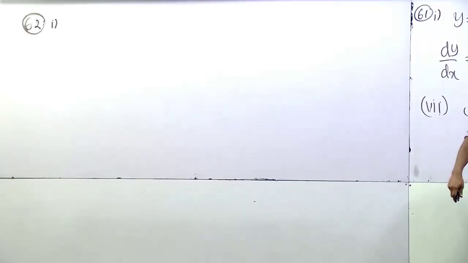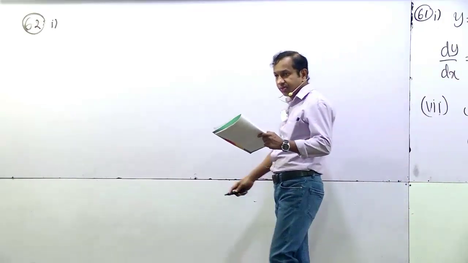y equals tan inverse square root of 1 minus cos x divided by 1 plus cos x.